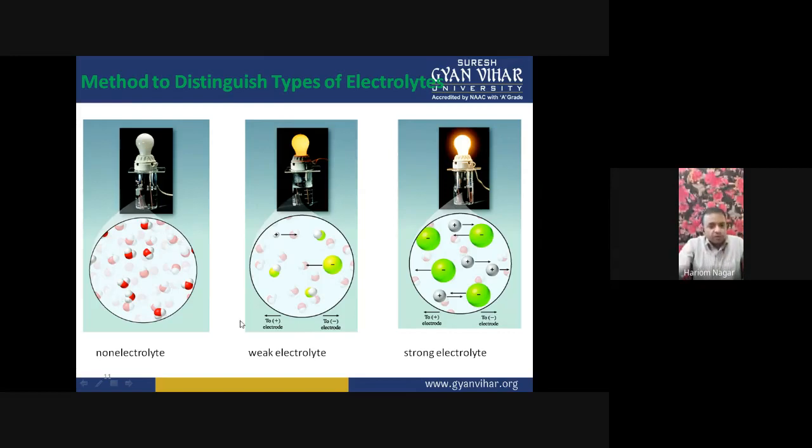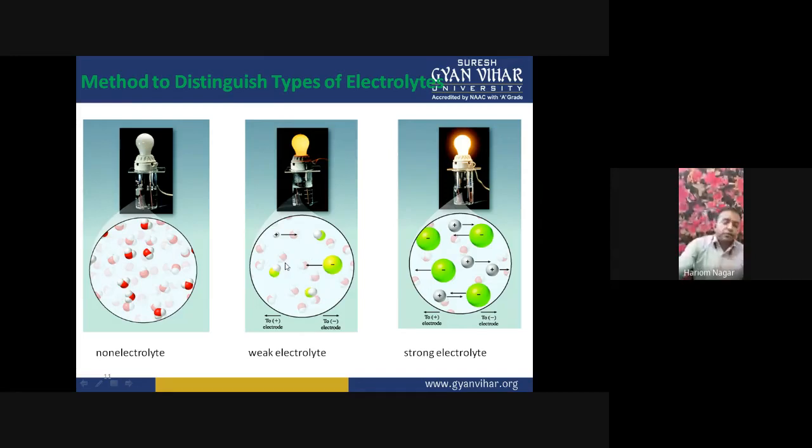While the second is the weak electrolyte. In the weak electrolytes there are ions, but only a few molecules are in the form of ions. This is the molecule, and these are the ions, a positively charged ion or a negatively charged ion. So only a few molecules dissociate into ions.